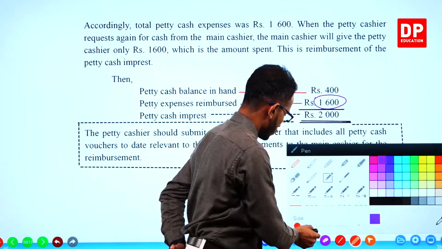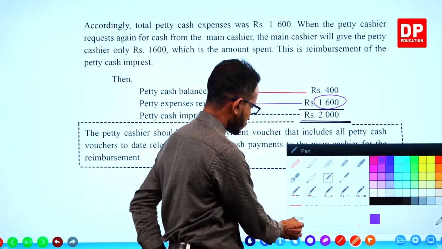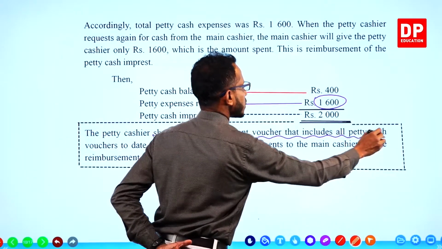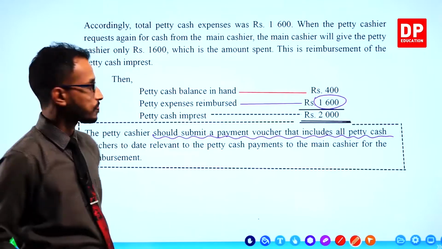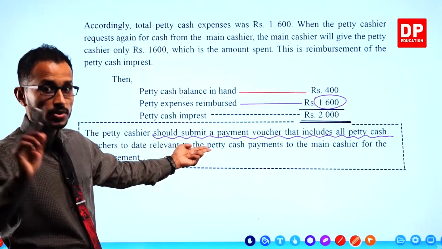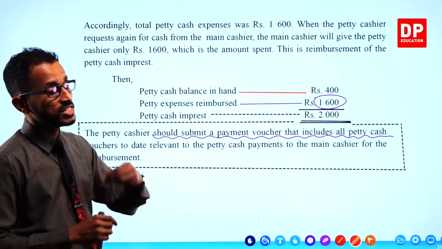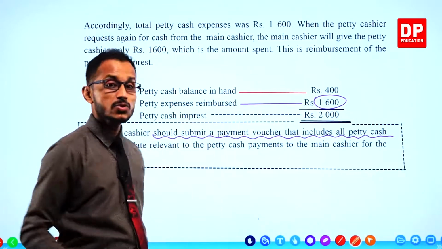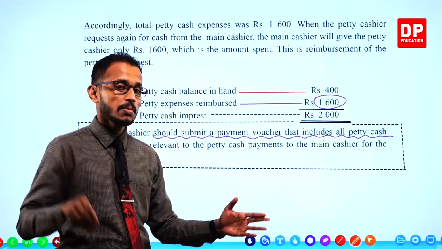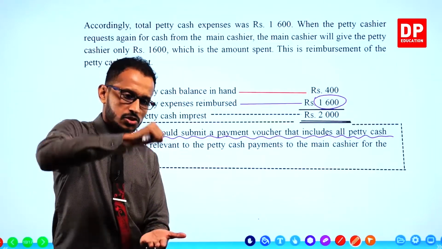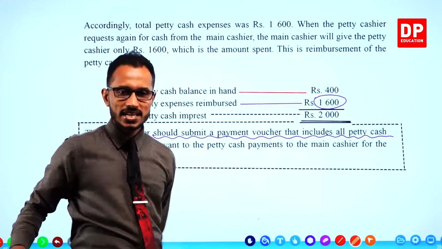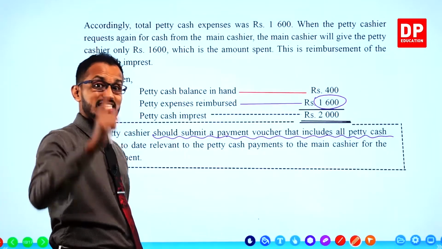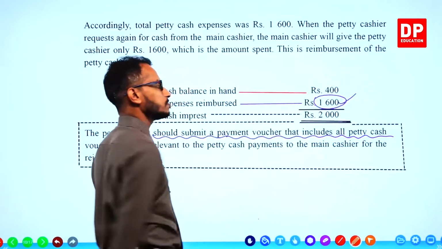All the petty cash vouchers which he issued for different expenses during the month, up to 31st, end of the month, all the bills should be filed and handed over to the main cashier. Then only the main cashier reimburses that amount which is spent.